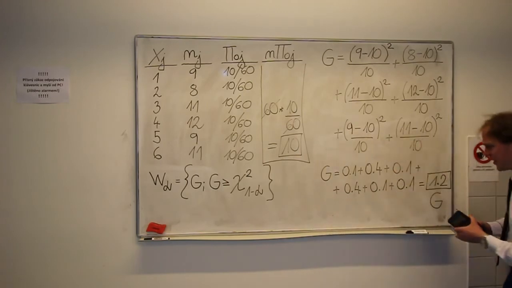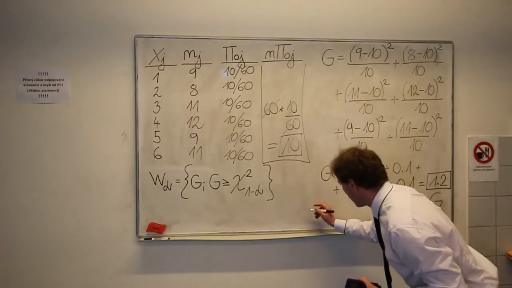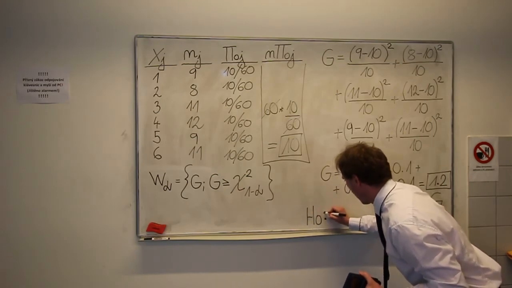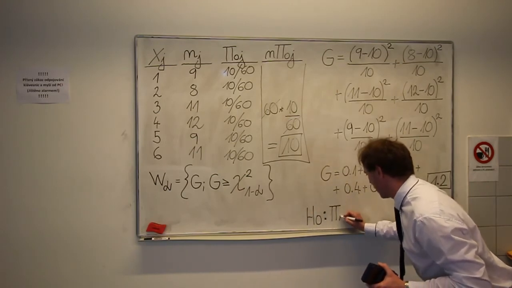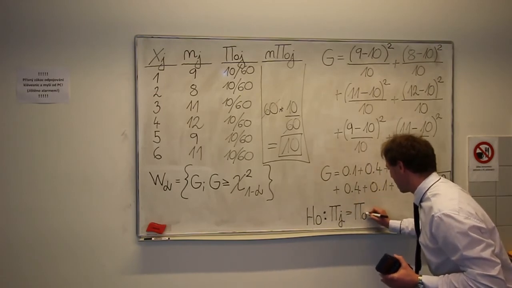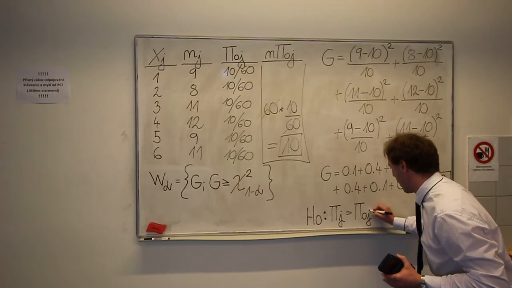The zero hypothesis will be written here again. H0 claims Pj is equal to P0j.